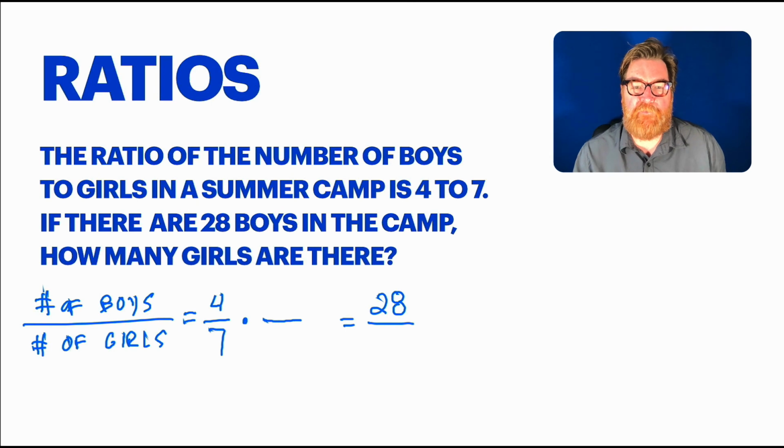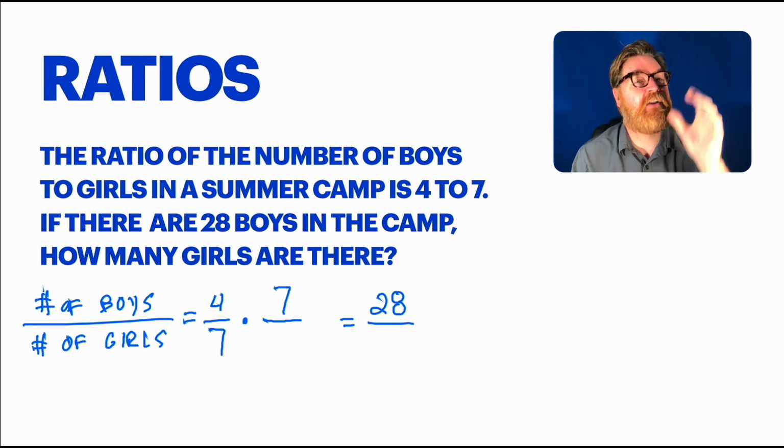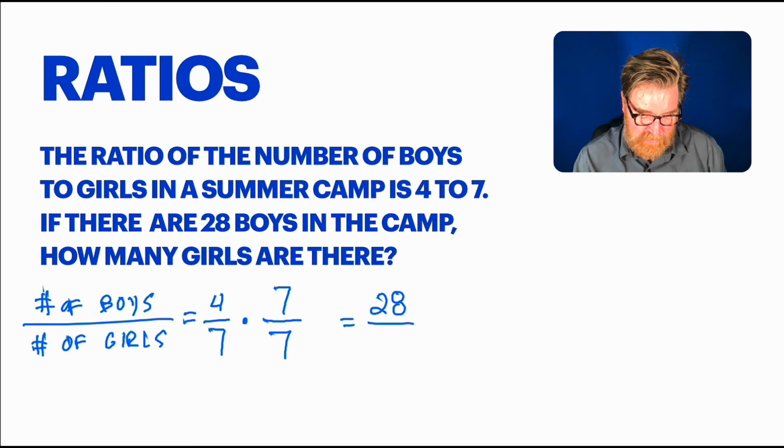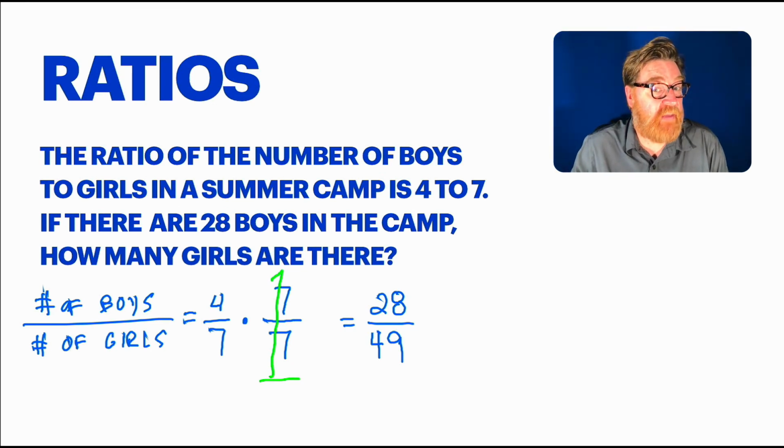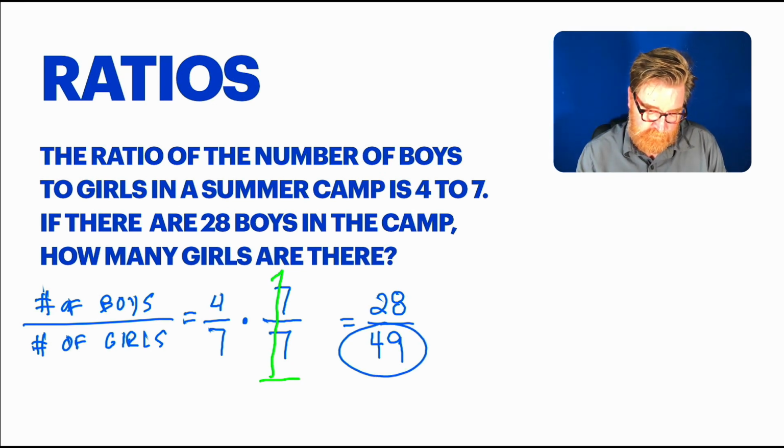Look at the numerators. 4 times something better give us 28, and it's got to be 7. But realizing the whole thing that we're multiplying by is 7 sevenths because it needs to be 1, right? Got to multiply by 1. Well, 4 times 7 is 28, and 7 times 7 is 49. So the real number of girls in this camp are 49.